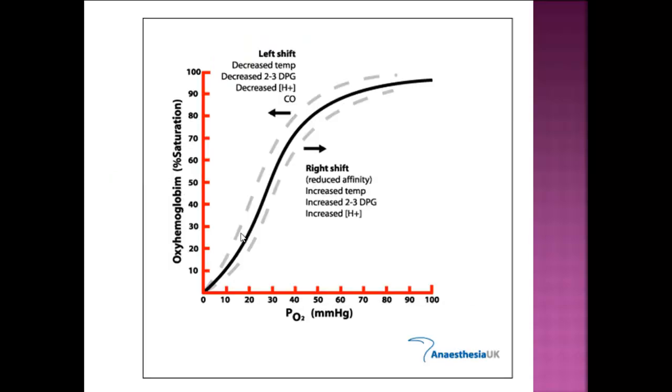Here's the curve that I was talking about. It's almost an S shape. The dark black in the middle here is the norm. The right shift, where the oxygen is let go too soon before it reaches the tissue, is the part on the lower right-hand side of the curve, underneath that black line. And a left shift means there is increased affinity.